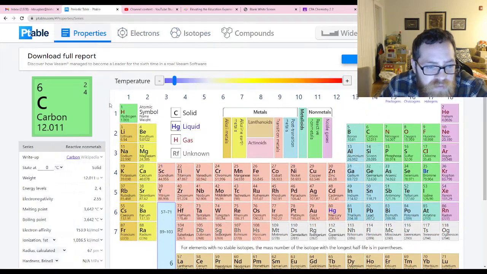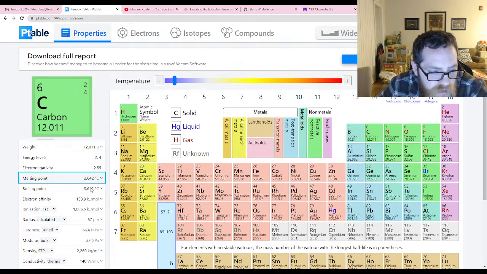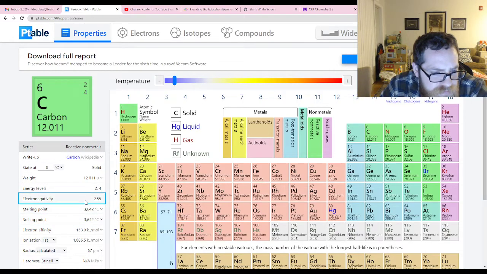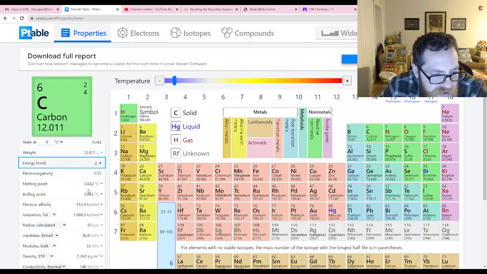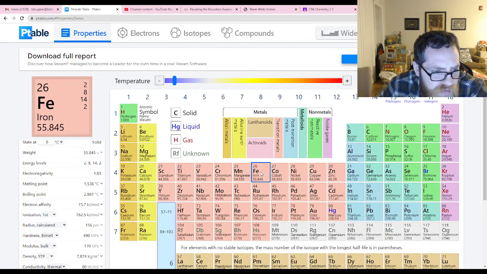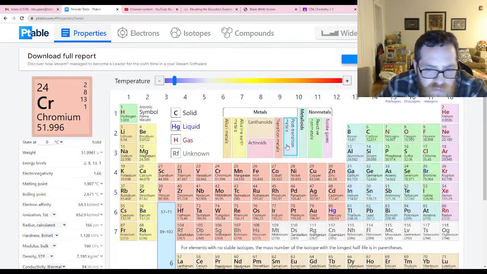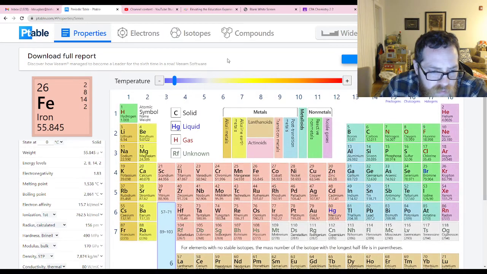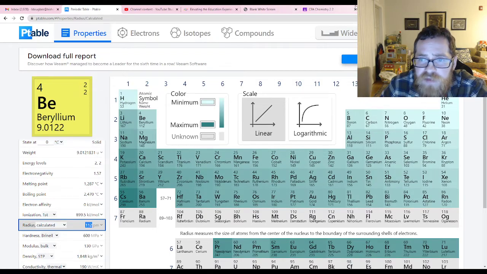Carbon, let's look at the properties, find our radius, 67 picometers, whereas iron is 156 picometers, so almost 3 times the amount.